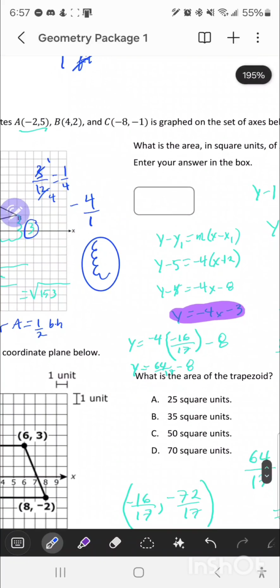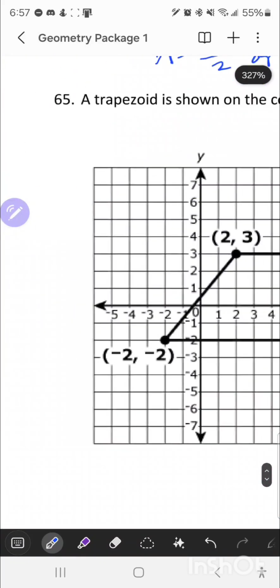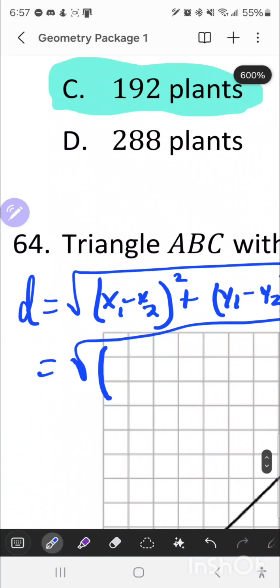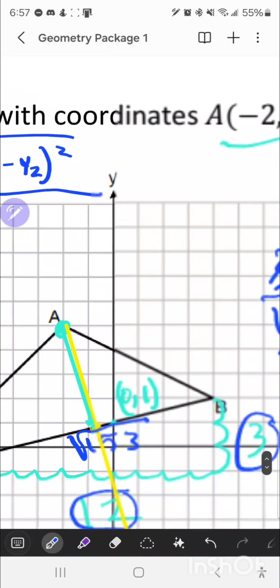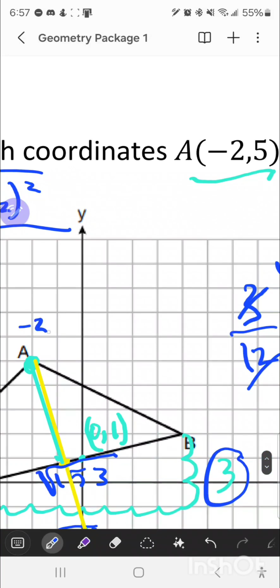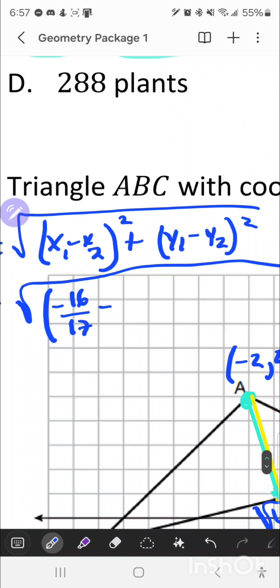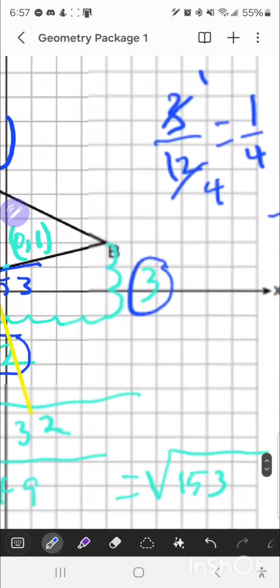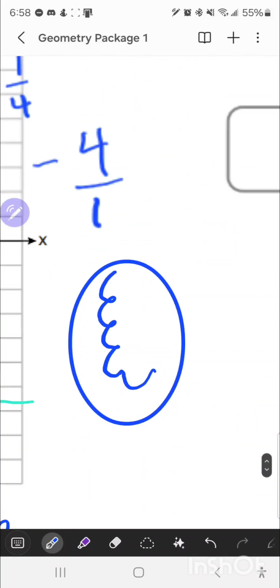One second. Here, negative 16 over 17 minus, now the negative, it is negative 2.5. So my other x, minus a minus positive, so plus 2, squared.